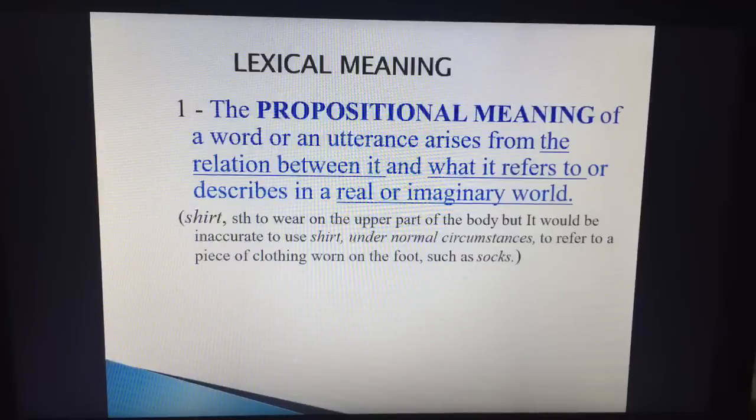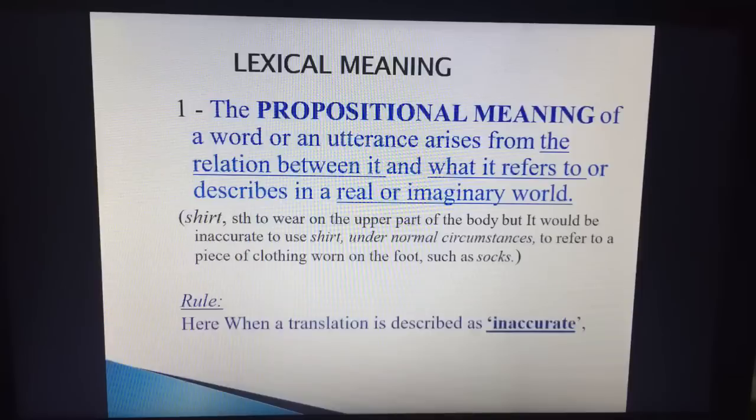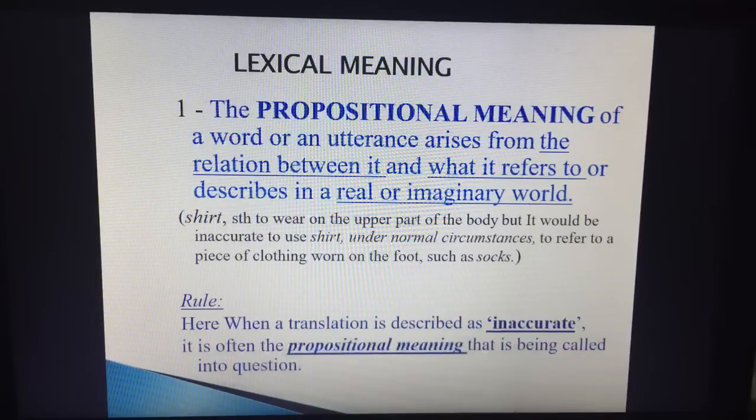It's not the same. So it's a matter of true or false meaning here. So when you translate shirt as socks, then you are giving an inaccurate translation, and this is based on the propositional meaning.